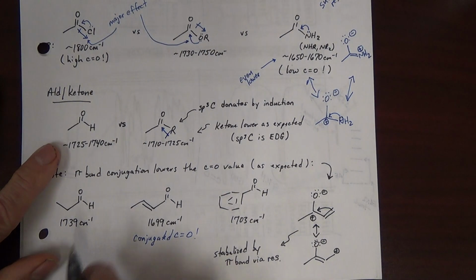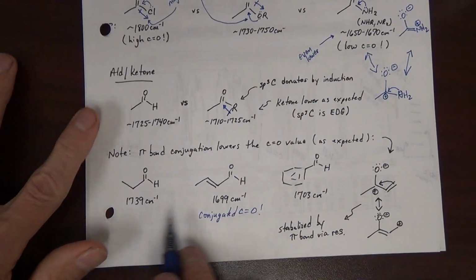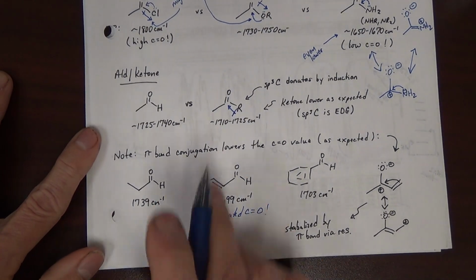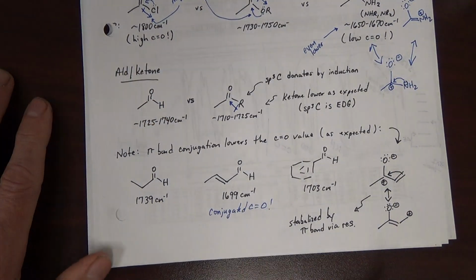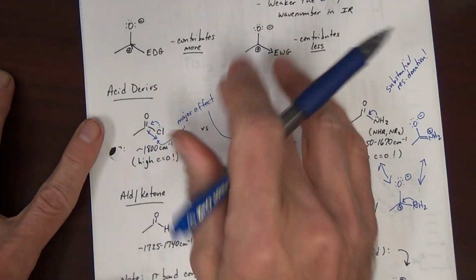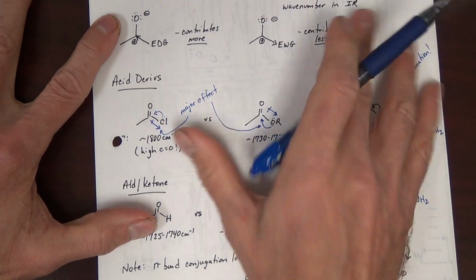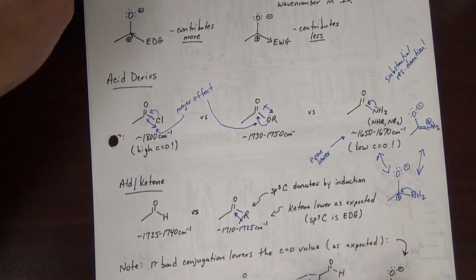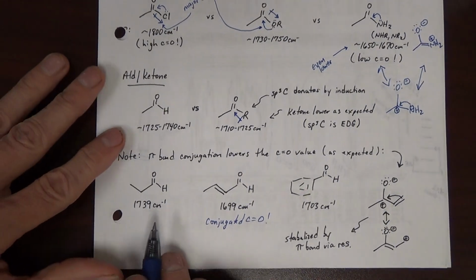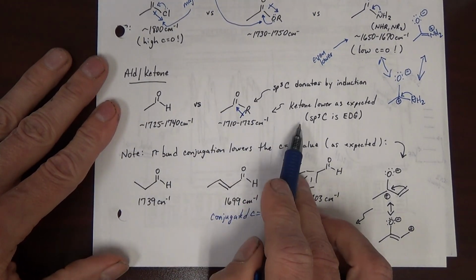Okay, this handout does not include aldehydes and ketones. I just included them on the front page for comparison to the acid derivatives, the amides, esters, etc. So we can take this idea of donation, withdrawing, etc., and apply it to aldehydes and ketones and understand why the ketone would be a lower carbonyl.